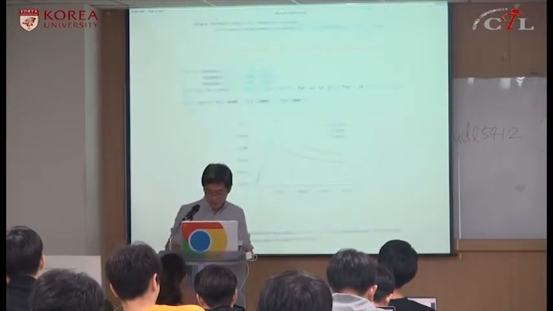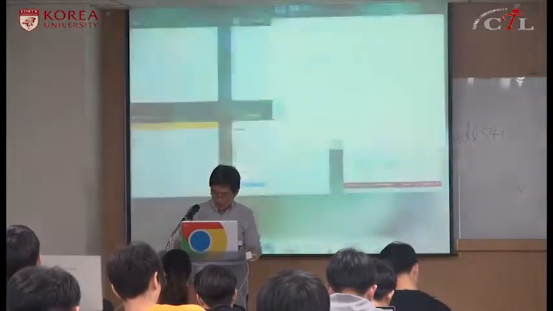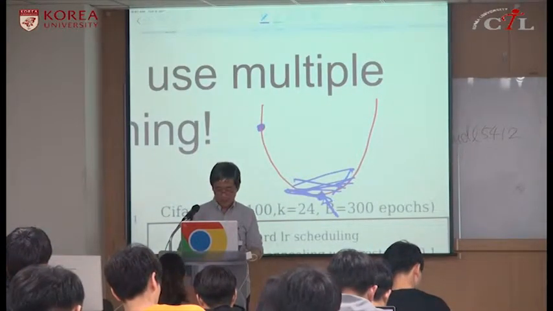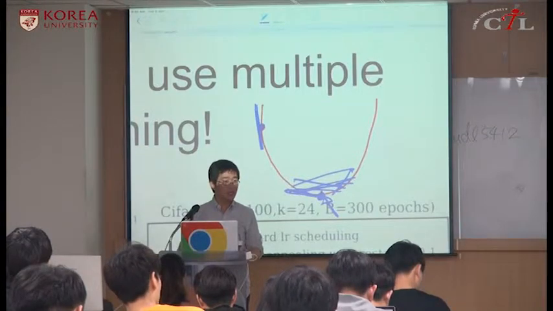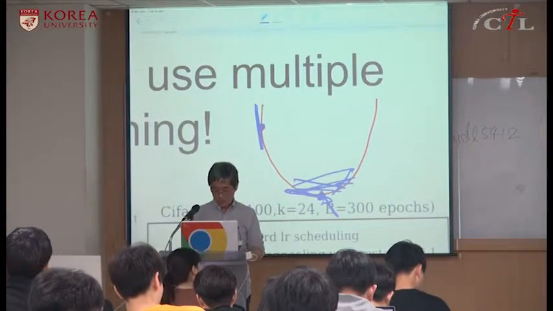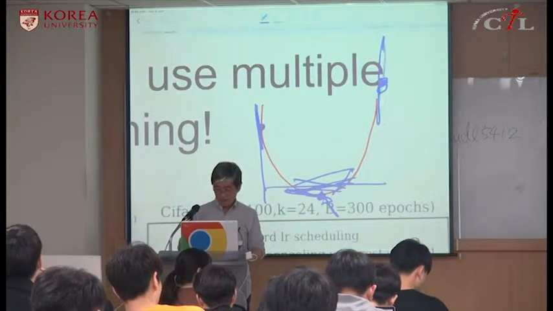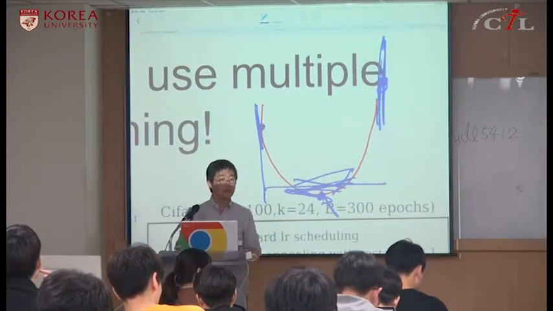For example, in this simple case, suppose we started from here, and the gradient is large and the learning rate is large. Then it can move this point over here, and the gradient became even larger.